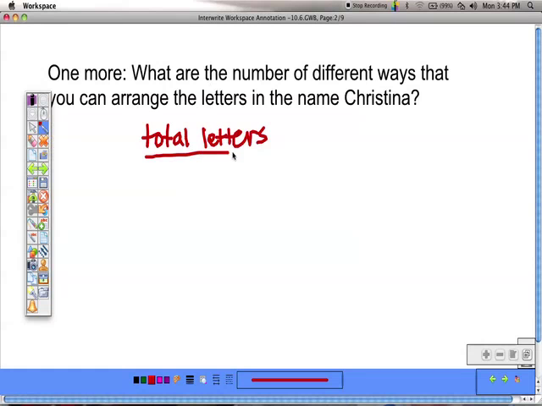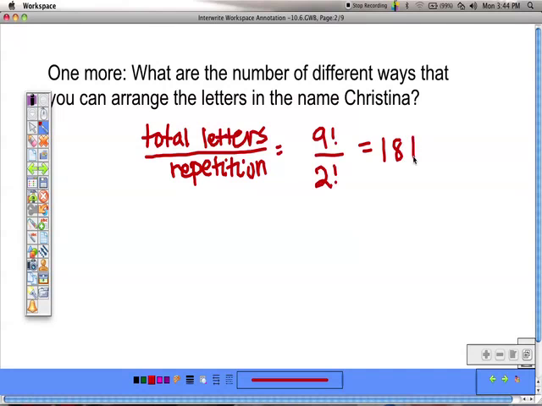We're going to divide that by anything that's repeated. All right, so for Christina, if you count how many letters there are, there's 9 letters. And the I is repeated twice, so we're going to divide by 2 factorial. So if you type that in your calculator, it's 181,440 ways you can rearrange the letters in the name Christina.